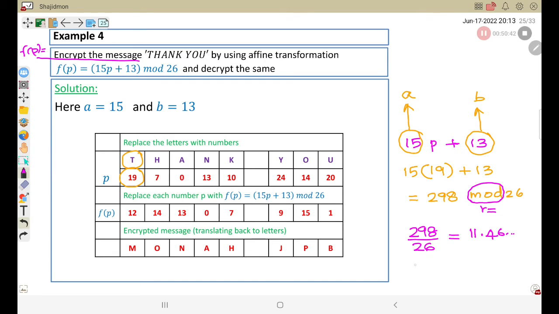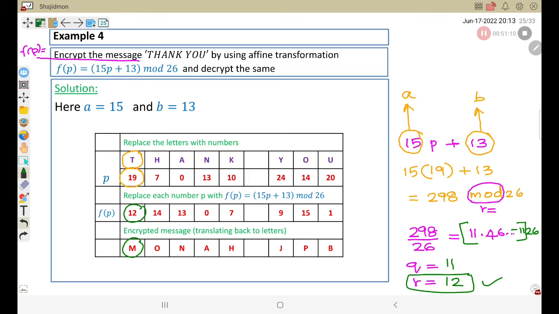Now from this write the quotient. The quotient we are getting is 11.46, so the quotient is 11. Now how to calculate the remainder? Multiply minus 11 by the divisor 26, add to 298, and you will get 12. This number we call the mod number, the remainder. So we will write here 12.